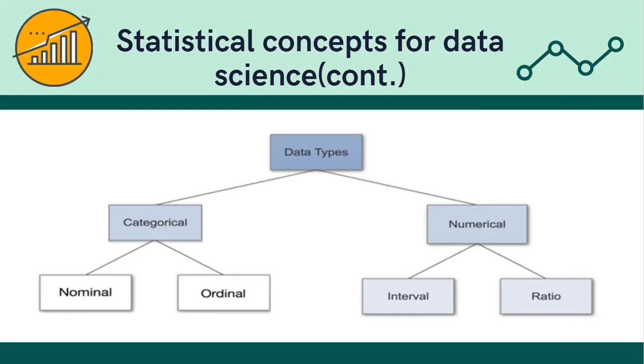We can measure it, but we cannot count it. The age is also a continuous variable. And then we come to ratio, aka discrete variables. Discrete variables are those we can count but cannot measure.